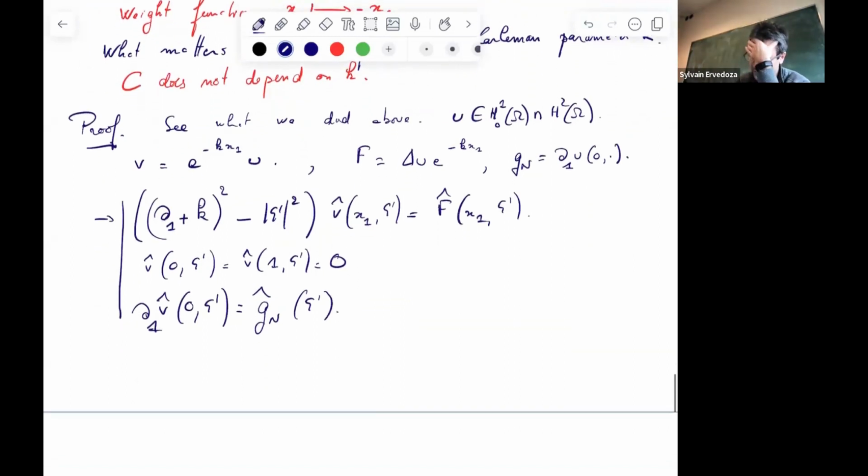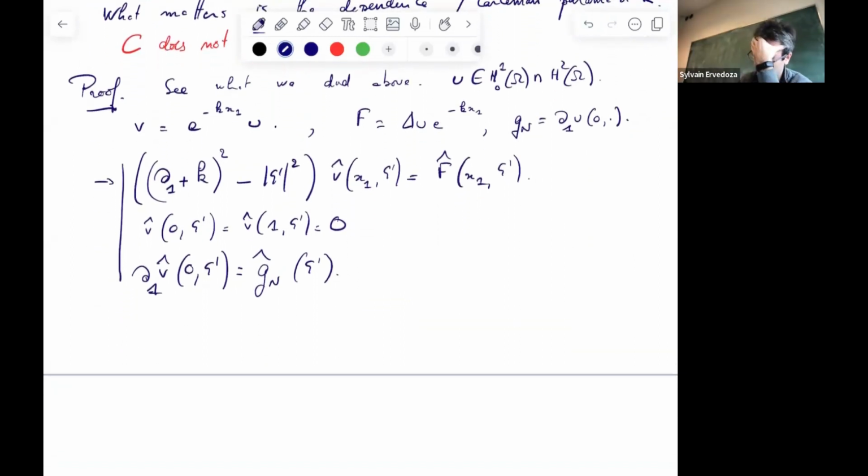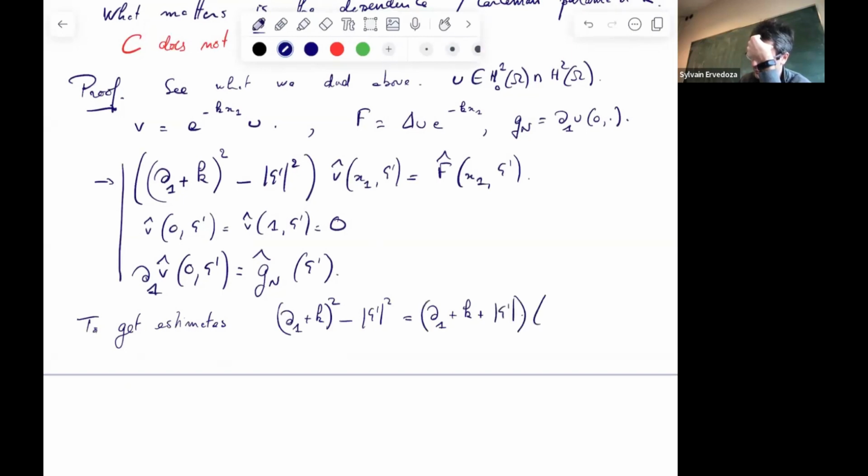Okay, so then to get estimates on such a thing, there are many ways, but one I like is to realize that our operator d1 plus k square minus psi prime square is the product of two operators which are explicit.